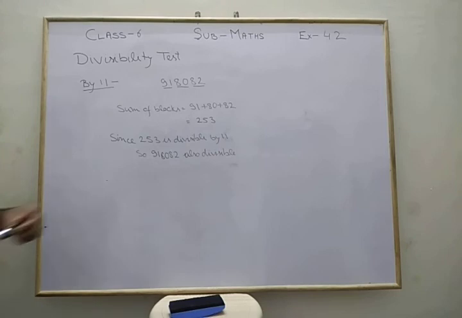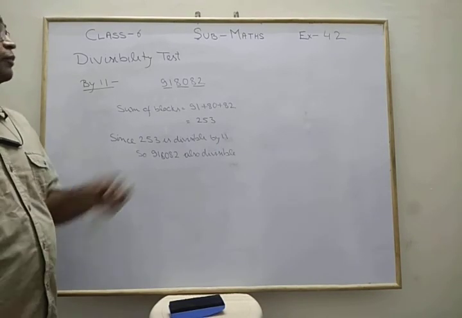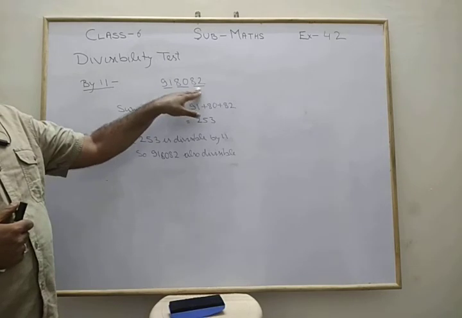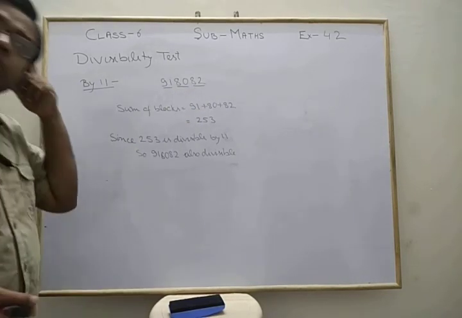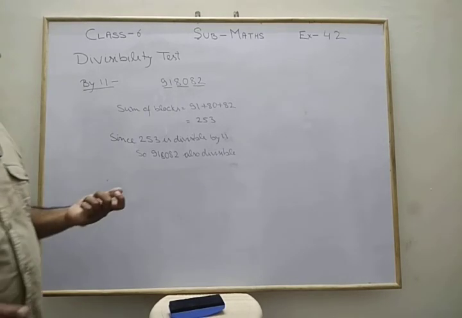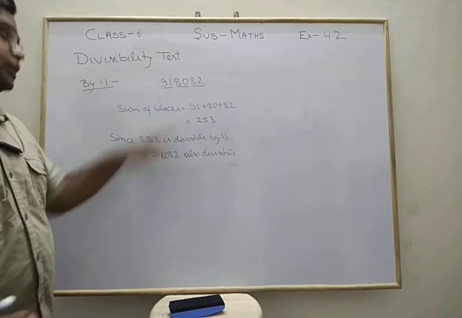Very easy. So what do we do? We find the sum of blocks of two digits from the right-hand side. Suppose another number is given to you. Make a note in your copy, whether it is right or wrong, but I know it's true.